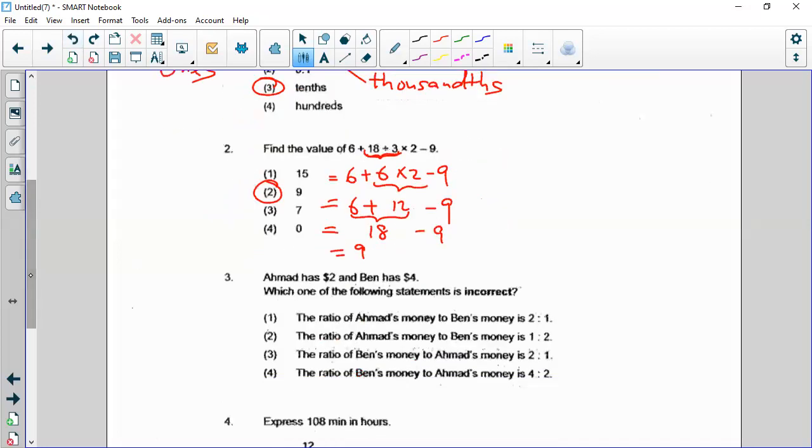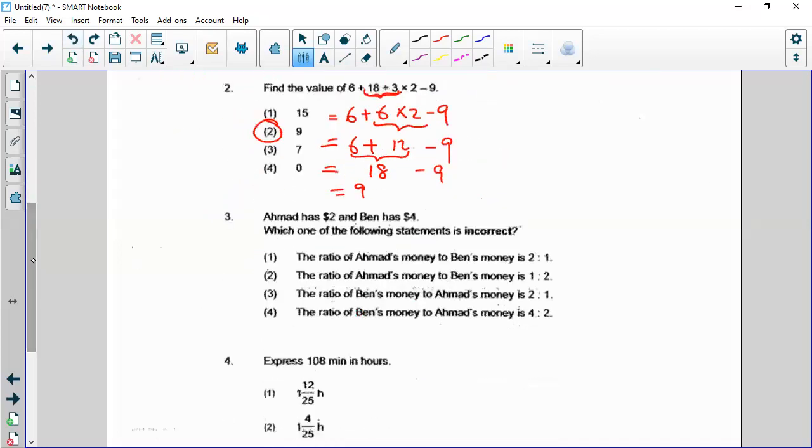Ahmad has $2, Ben has $4. When you read the problem, try to highlight the keywords so that you don't make careless mistakes. Later on, you will see a question that is very tricky. If you don't highlight, you will get tricked. So I will highlight: Ahmad has $2, Ben has $4. Which statement is incorrect, which is wrong? Ahmad to Ben is 2:1.